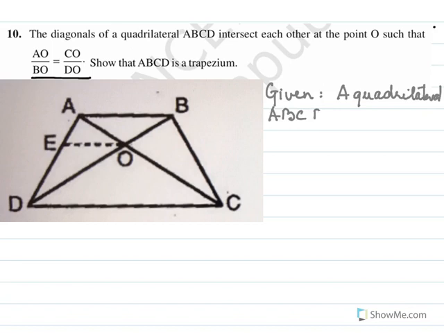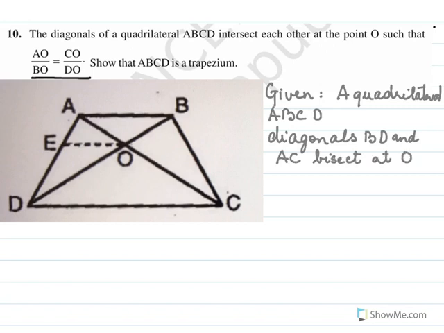So given to us is some quadrilateral ABCD, and in this quadrilateral the diagonals BD and AC intersect at O, and also it is given to us that AO over BO is equal to CO over DO.